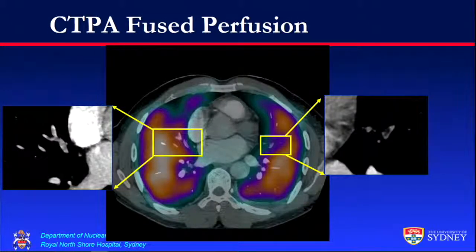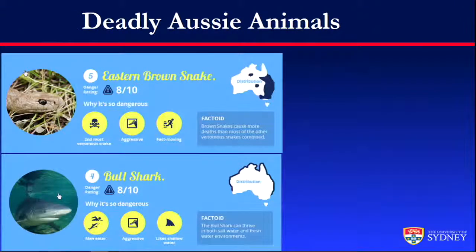But being the somewhat obsessive person that I am, I fused the data with the CTPA and we were able to show that the perfusion defects correlated with very small peripheral emboli in his lung. And so indeed this was multiple small emboli and he also had some ventilation abnormalities for whatever reason.